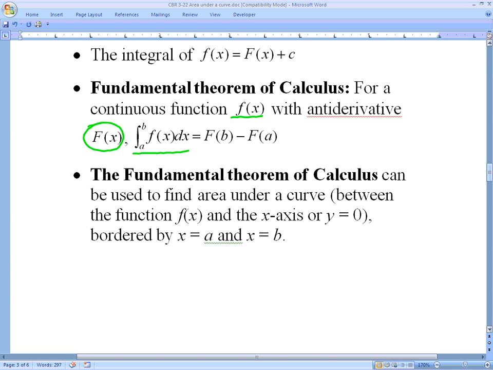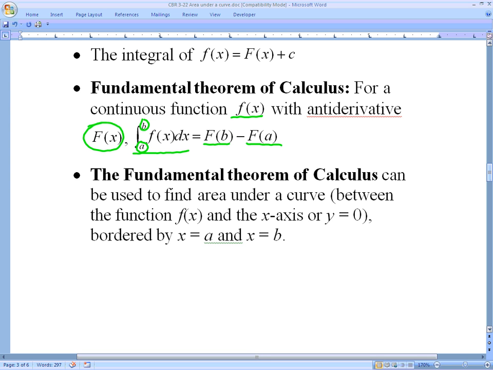And that is the same thing as doing the antiderivative and plugging in b minus the antiderivative and plugging in a. So these are called bounds or borders, upper and lower bounds or borders, and we plug those into our antiderivative.